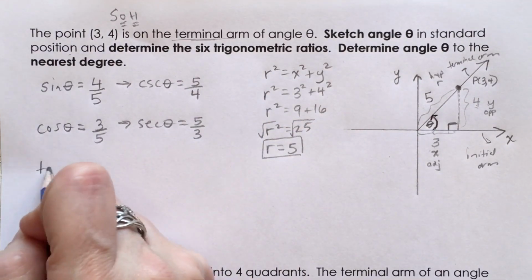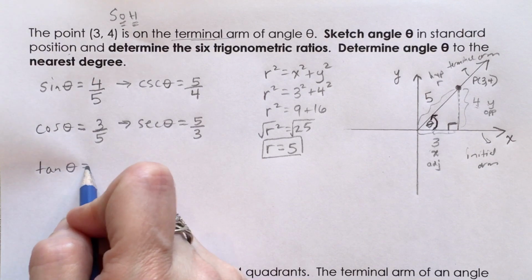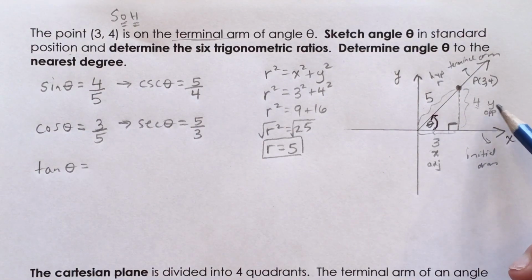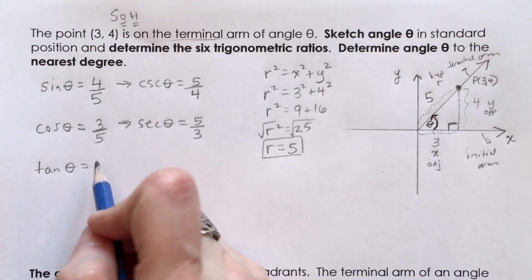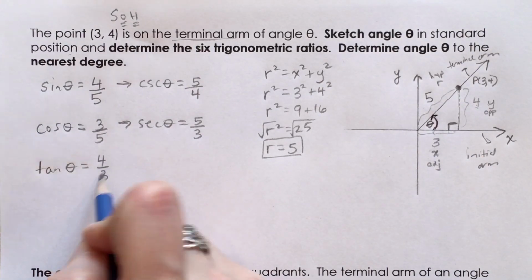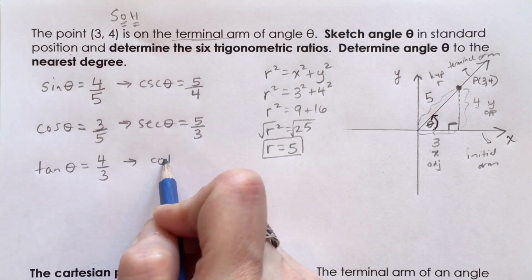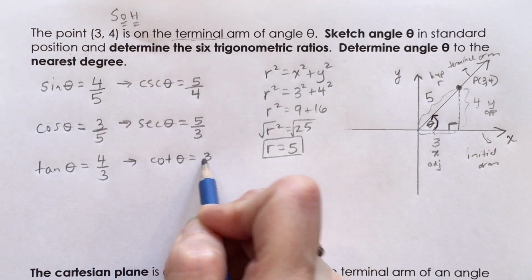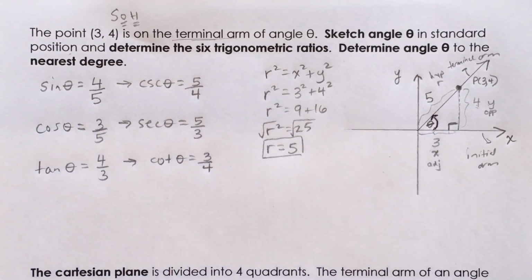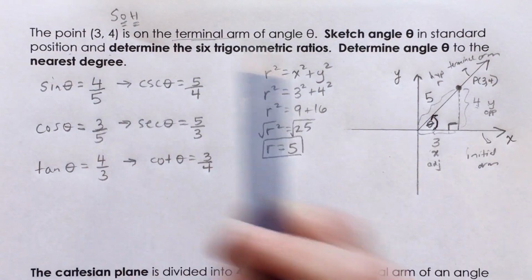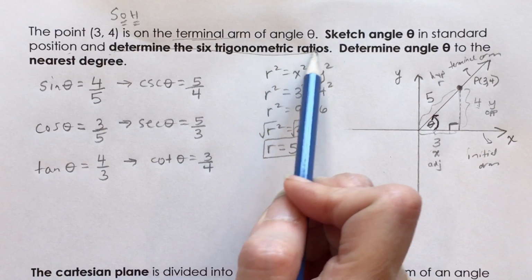And then the tangent of angle theta is opposite over adjacent, or y over x is what we want to think of it as. So the cotangent of angle theta is x over y, or 3 over 4. So now we've determined the 6 trig ratios.